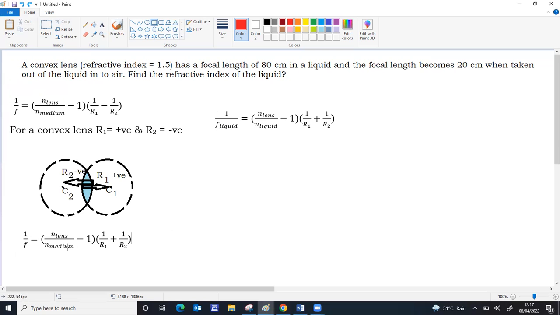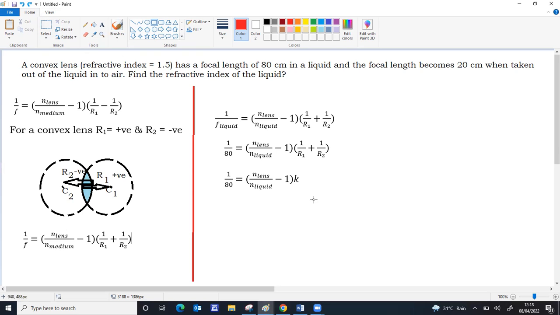So this is the liquid instead. n lens by n liquid minus 1, into 1 by R1 plus 1 by R2 because it's a convex lens. To substitute the value, 1 by 80 equals n lens by n liquid minus 1, and R1 and R2 remain the same. Since it's not changing, even if you keep the lens in air, water, anywhere, we can take 1 by R1 plus 1 by R2 together as K.